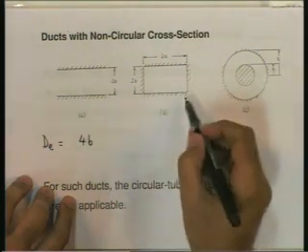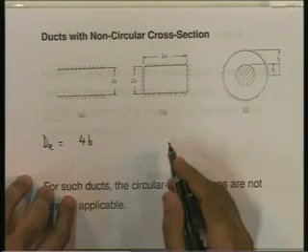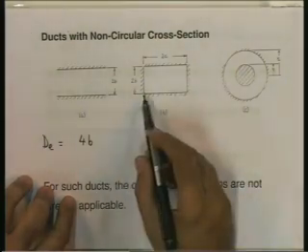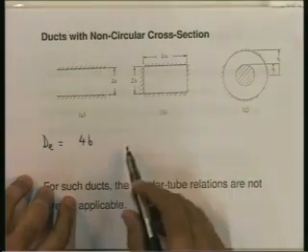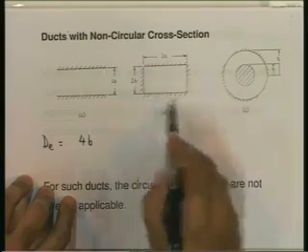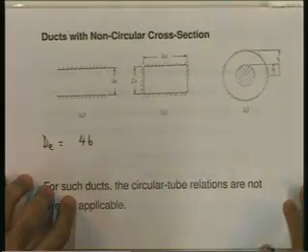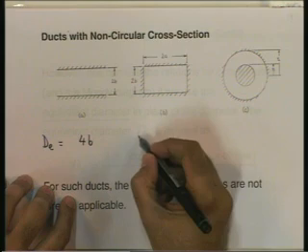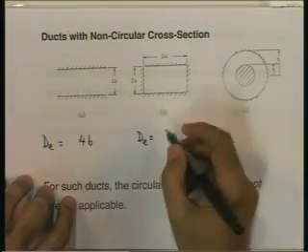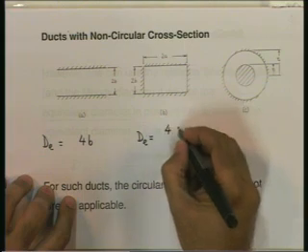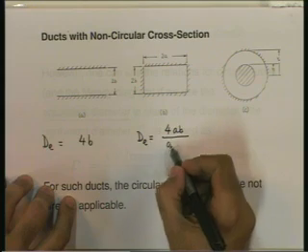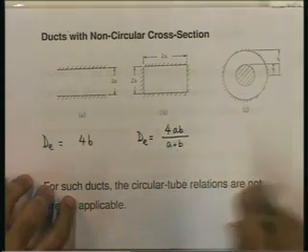If you have a rectangular channel of sides 2a by 2b, area of this channel will be 4ab, the perimeter will be 4a plus 4b, and hence in this case the equivalent diameter will be 4ab divided by a plus b.